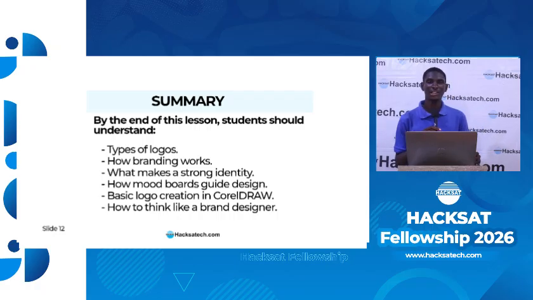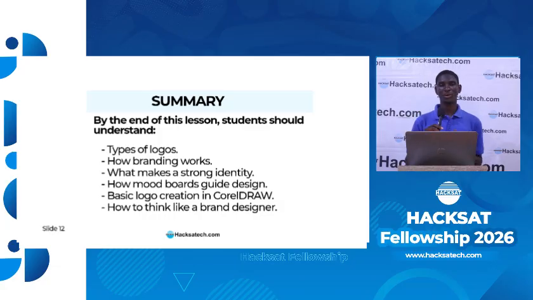Don't forget, we said if you have a mood board, that's where you have a plan on how you can structure a wonderful design. And then the basic logo creation in CorelDRAW, and how to think like a brand designer. So this is the summary of what we talked about in today's class.